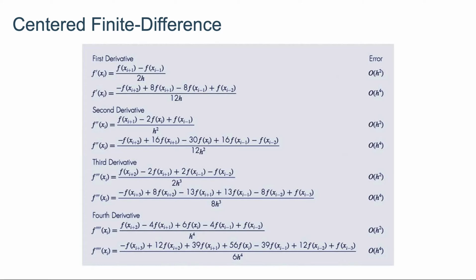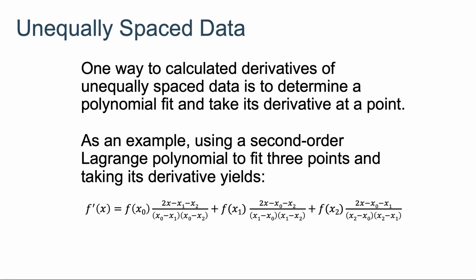So all of this that we're talking about is for equally spaced data. For unequally spaced data, we can also apply certain formulas, and they are based on, let's say, the Lagrange interpolation formula that we covered a few videos back. So you can fit a polynomial through unequally spaced data, and once you have the polynomial, you can then differentiate the polynomial.